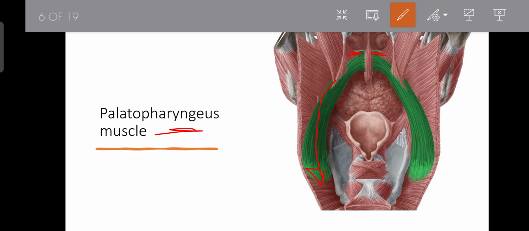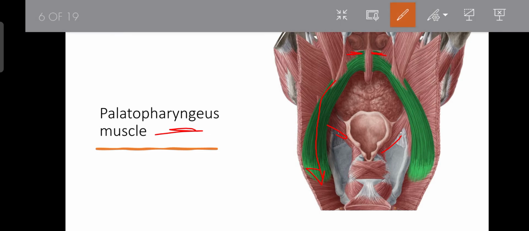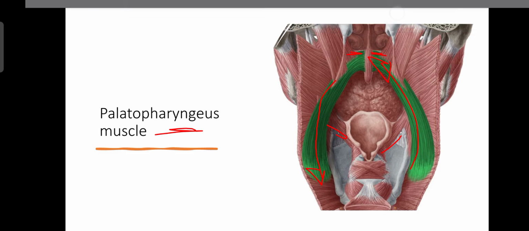Some textbooks mention that it attaches to the upper border of the thyroid cartilage. So now we know the origin and insertion. Let's talk about its action. From the insertion to the origin, it pulls up the pharynx and the larynx, an upward movement.